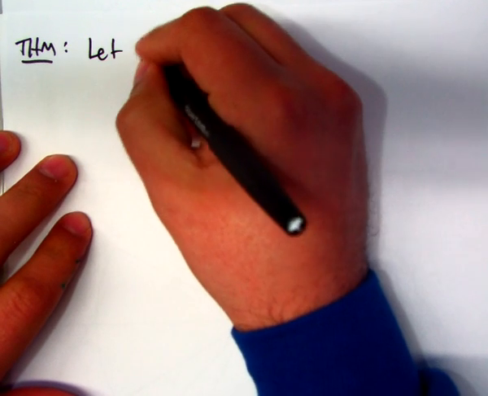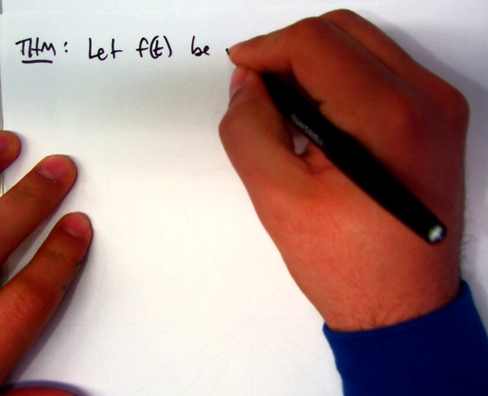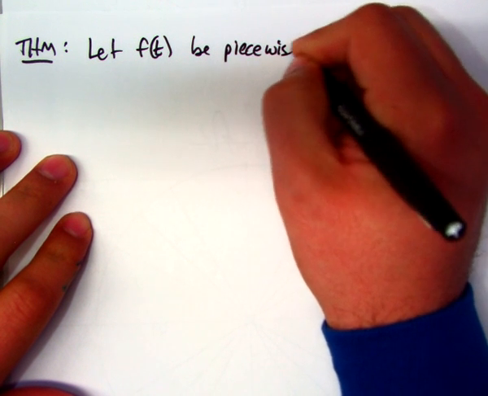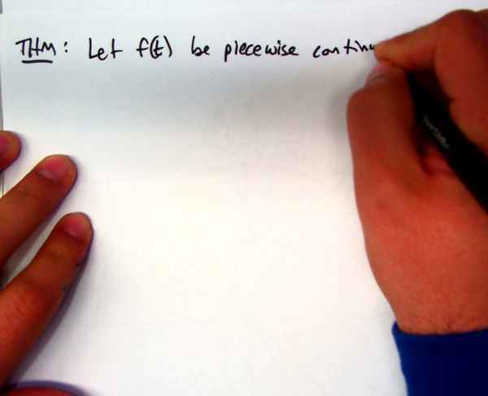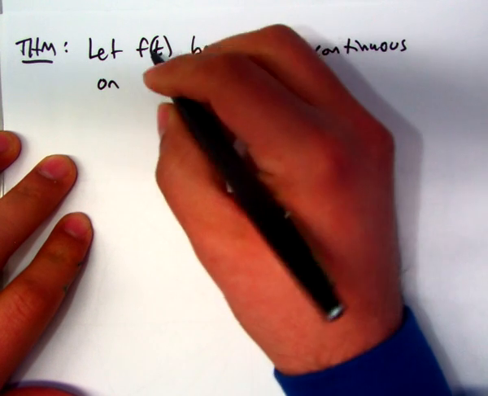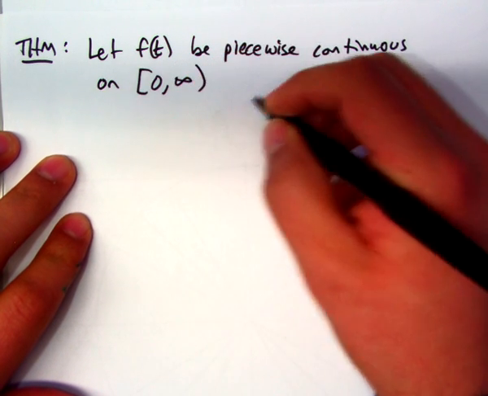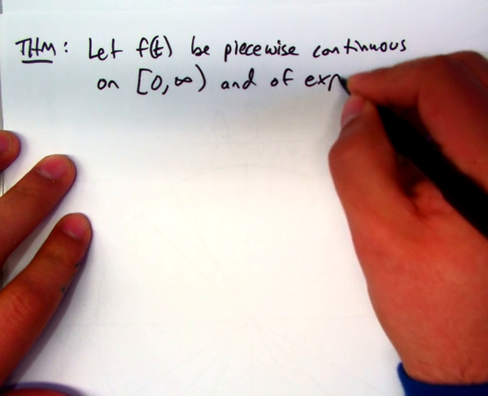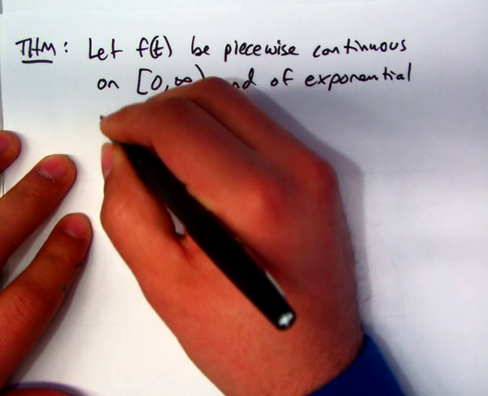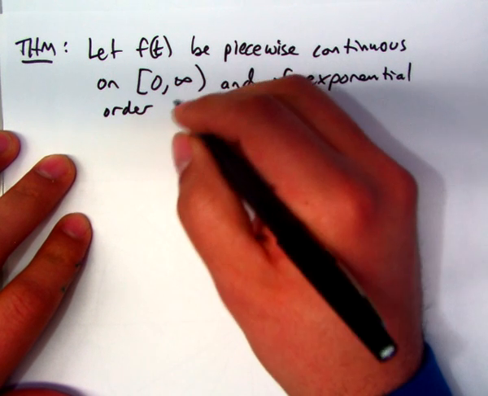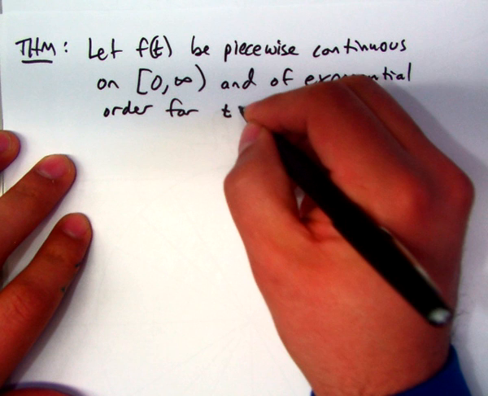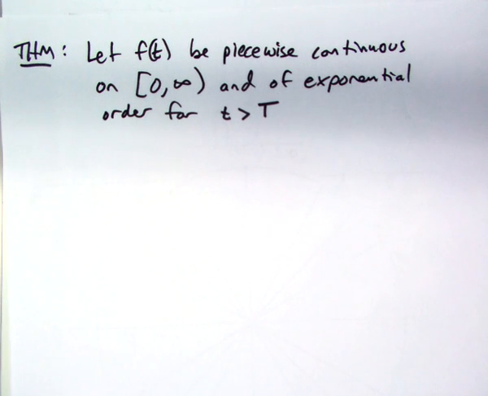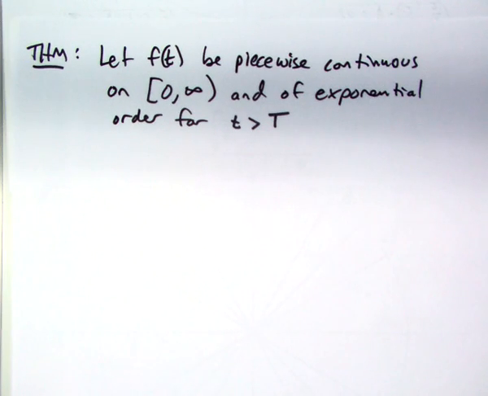Let f of t be piecewise continuous on the interval from 0 to infinity, and also of exponential order for some t greater than capital T. We're going to go ahead and prove that these two conditions suffice for existence.